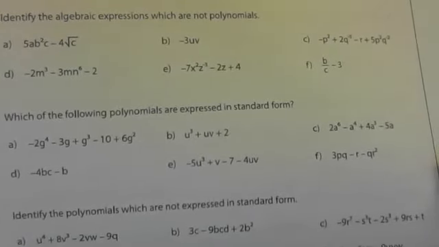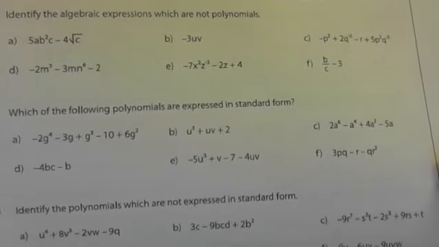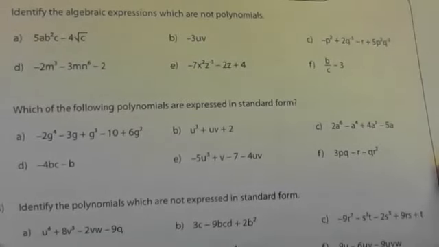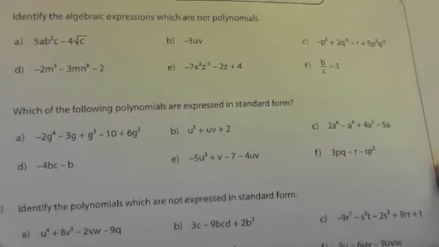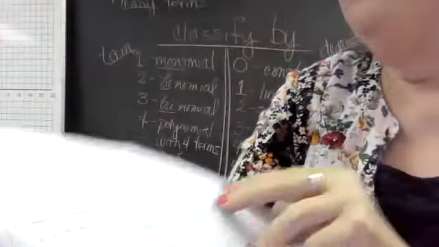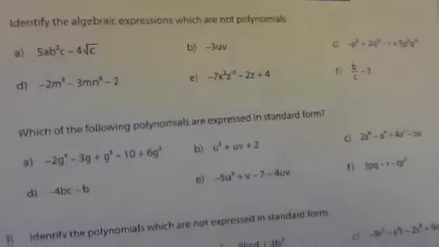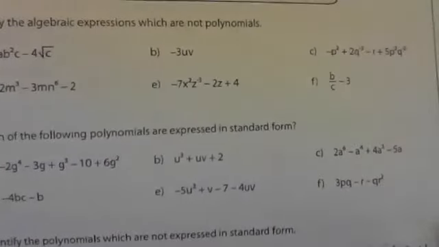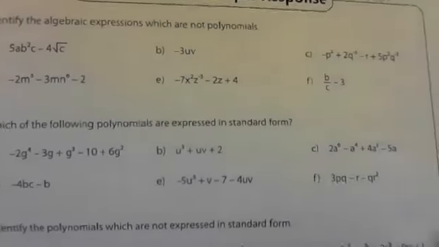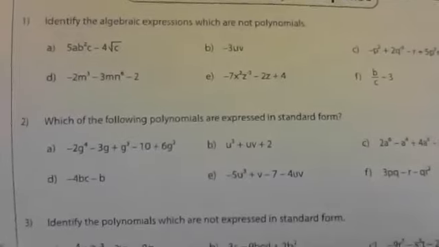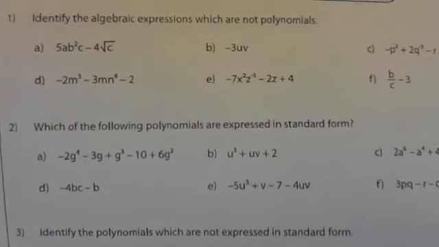Is A a polynomial? No. What about B? Yes, so you won't circle that one. C, let me see it close. Okay, is C a polynomial? Why? Negative exponent, so it is not. So you'll circle C. What about D?